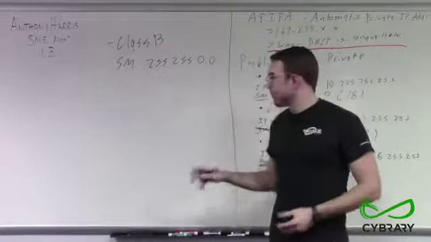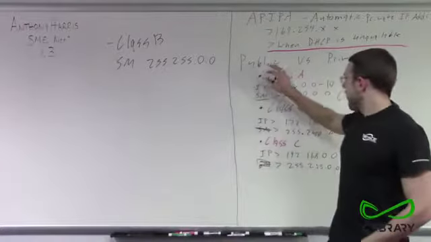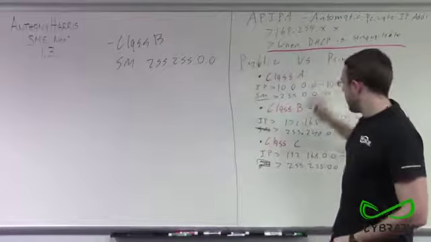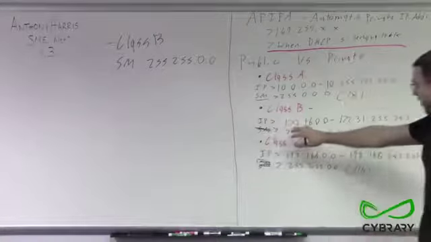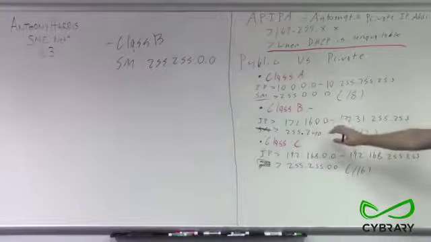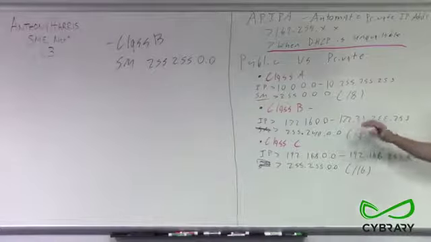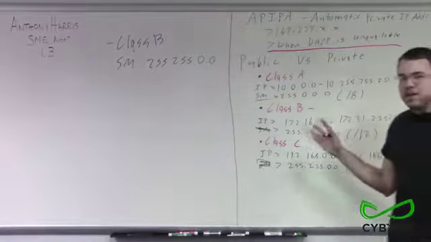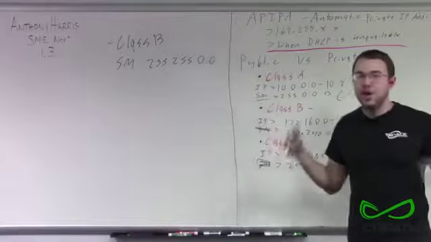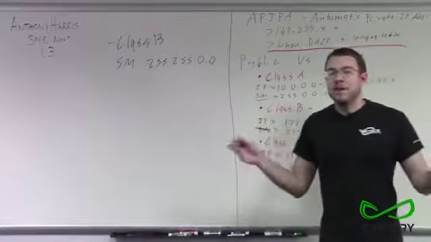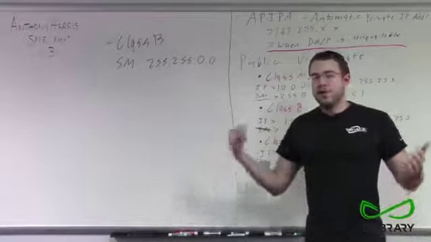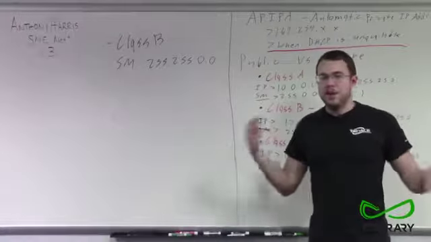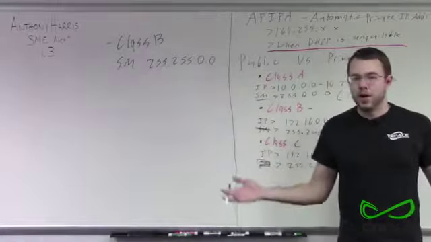So think of it this way. Our private IP address range, 172.16.0.0 through 172.31.255.255, is our range of potential IP addresses, not only for our hosts, but also for our networks.